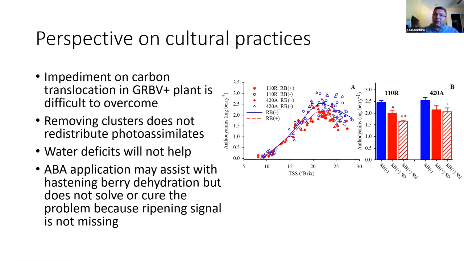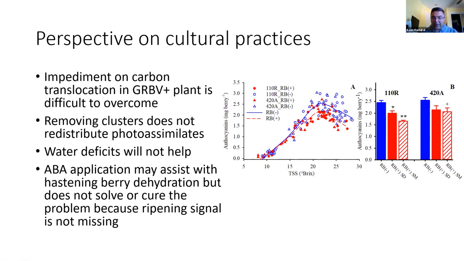So, our perspective on our cultural practices: these studies will go on at a larger scale. The impediment to carbon translocation in GRBV positive plants is difficult to overcome. Removing clusters does not redistribute photoassimilates in this case, and water deficits do not help.